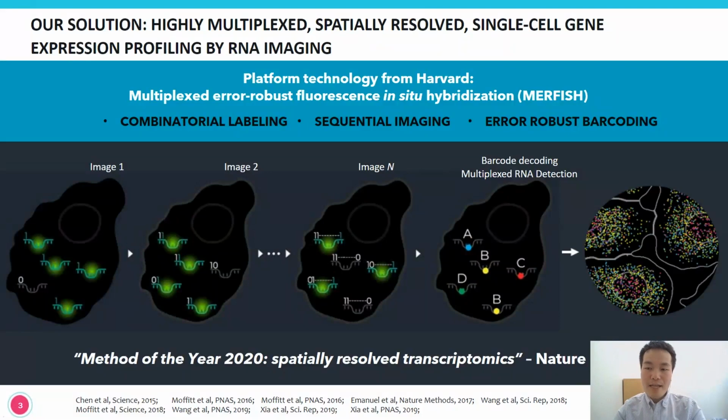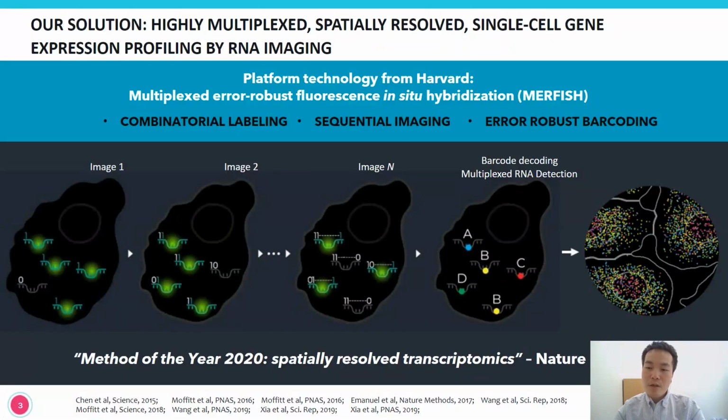However, the limitation of these traditional technologies is that the gene throughput is relatively low. Oftentimes, you cannot profile more than 5 gene species at the same time. Multiplexing is very challenging for these traditional methods because it relies on the use of spectrally distinct fluorophores to report different RNA species. And since we don't have hundreds of thousands of different dyes available, it's very difficult to do hundreds of thousands color imaging.